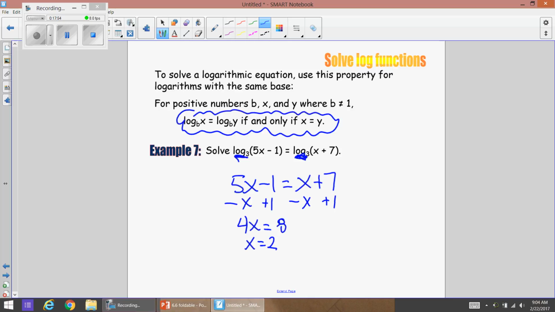So we're going to check here by putting a 2 in. So 5 times 2 is 10, and 10 minus 1 is 9. So this would be a 9. 9 is positive, so that's all good. Put a 2 in here. 2 plus 7 is 9. Hey, guess what? It's the same number, and it's positive. So it checks. 2 checks. Done.